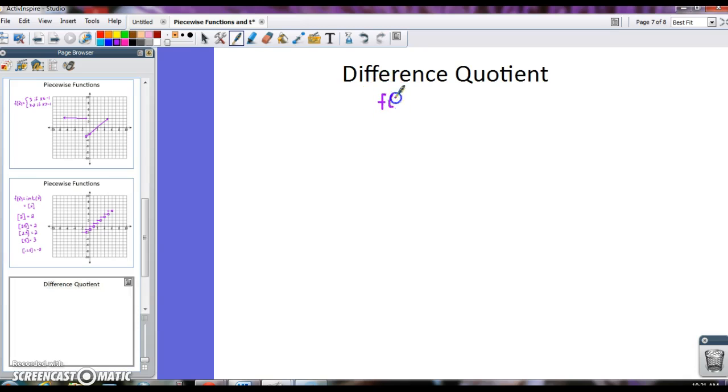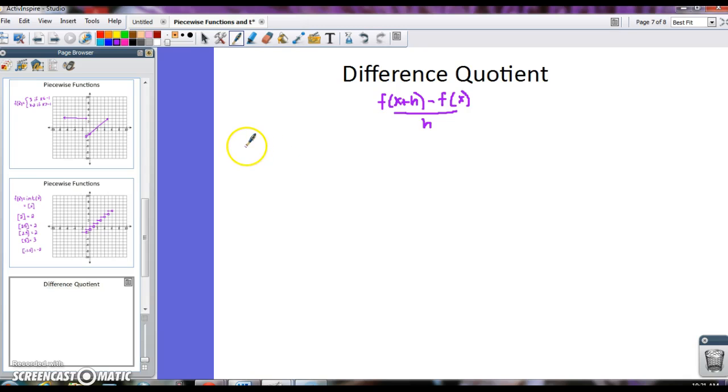It's f of x plus h minus f of x over h. And I'm going to show you how to find it. And once we get to that whole idea of rates of change, I'll explain more of what it is and what's going on. But for now, let's just go through the motions of how to actually find the difference quotient.